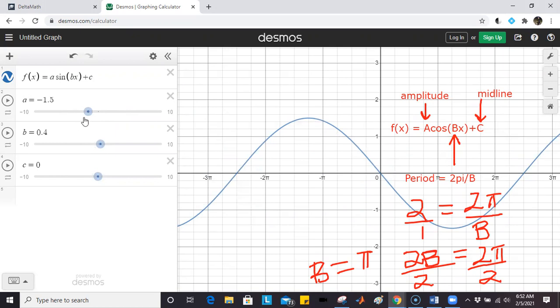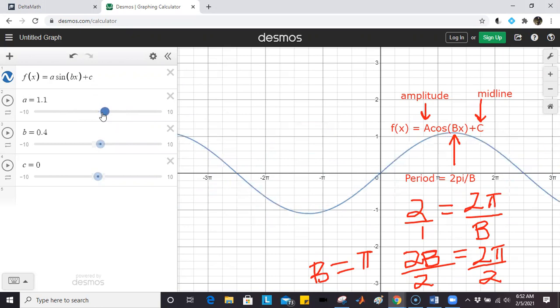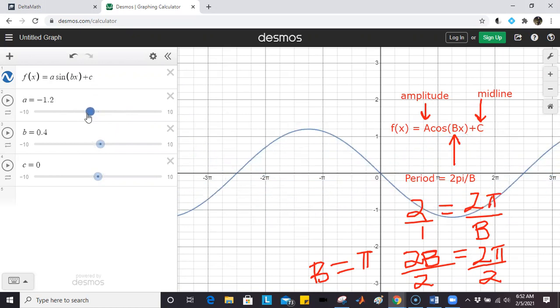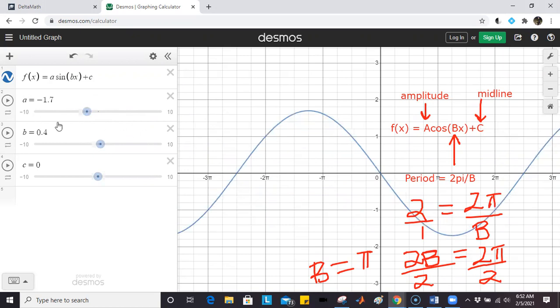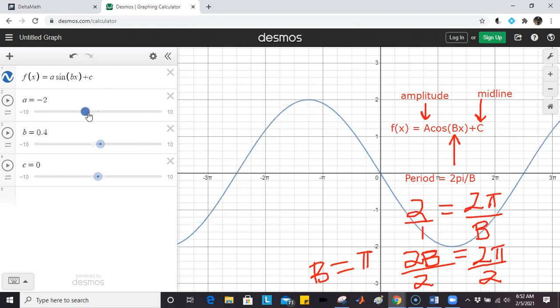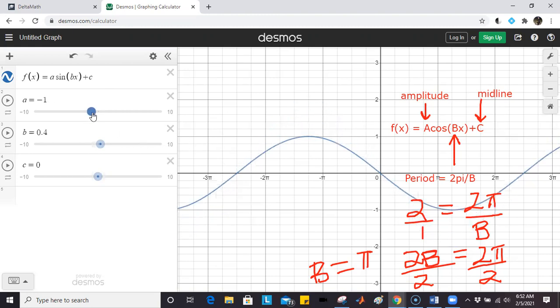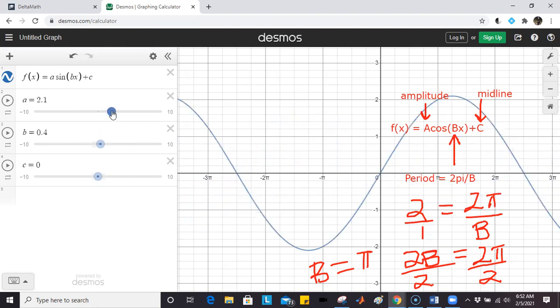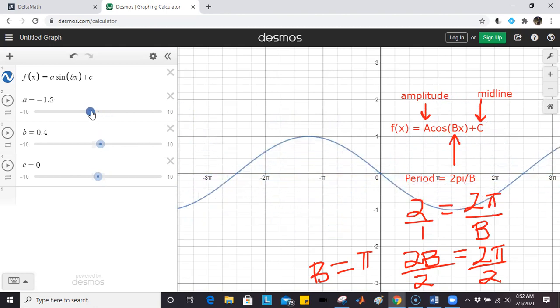It switches the function across the x-axis. We have an x-axis flip. Again, the amplitude itself is still a positive number because it's a distance, and a distance is a positive number, but the graph itself does flip. Them's are the rules of graphing. Negatives out in front of the function are an x-axis flip.